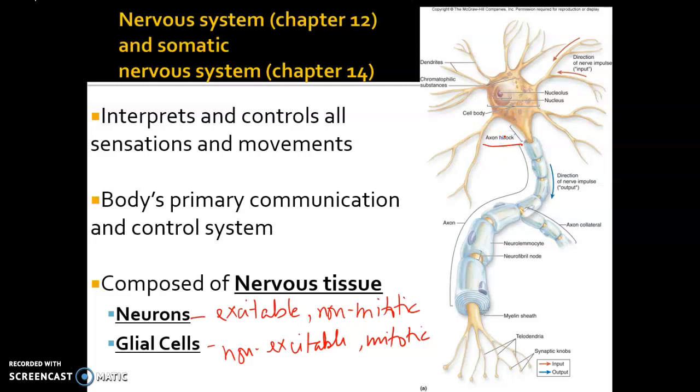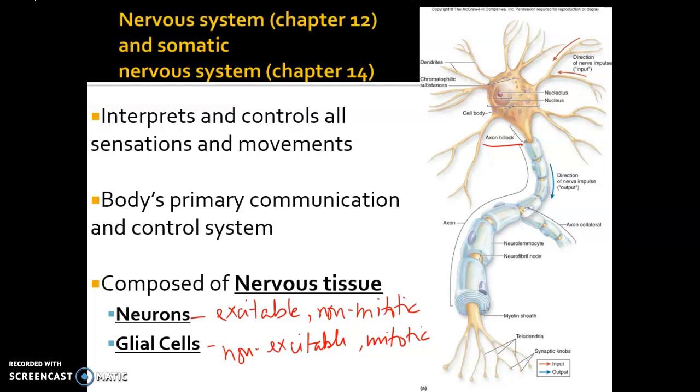I want you to understand that it is at the axon hillock that the action potential starts. So the action potential does not start in the cell body. The cell body is the center for integration. Action potential starts at the axon hillock and continues all the way down through the axon and towards the axon terminals.